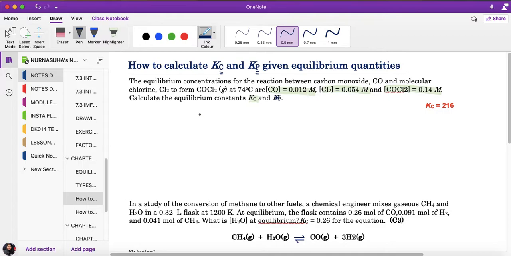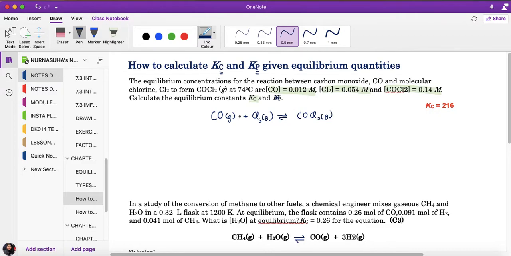Okay, now so first we do the equation first, but don't worry, for you the equation will be given. So untuk kes ini CO gas react with chlorine gas to form COCl2 gas.